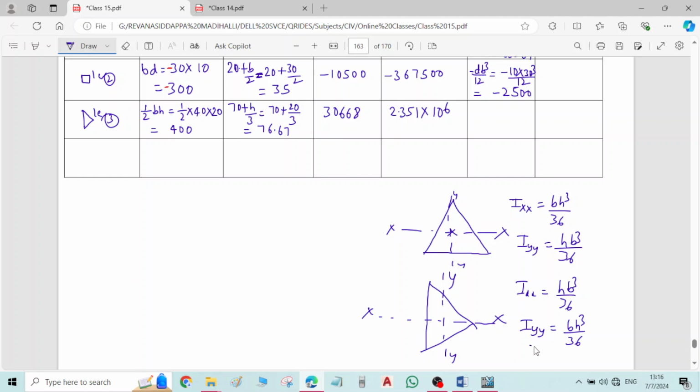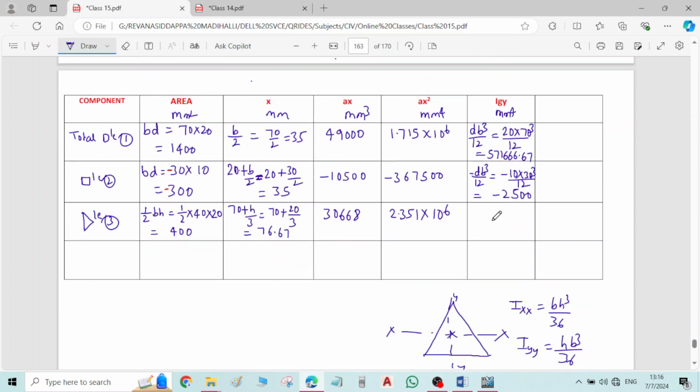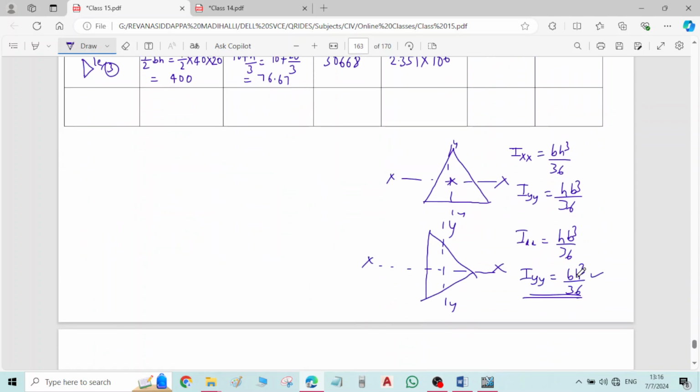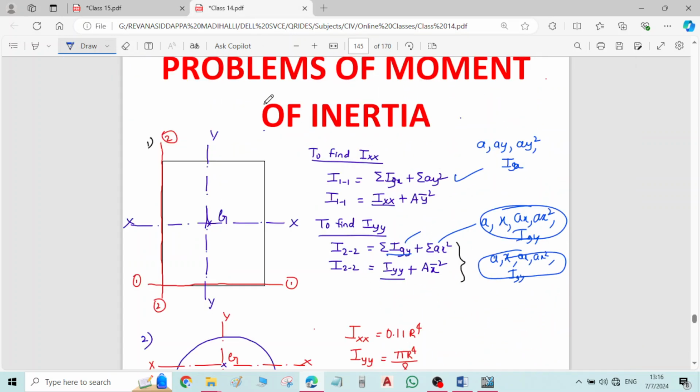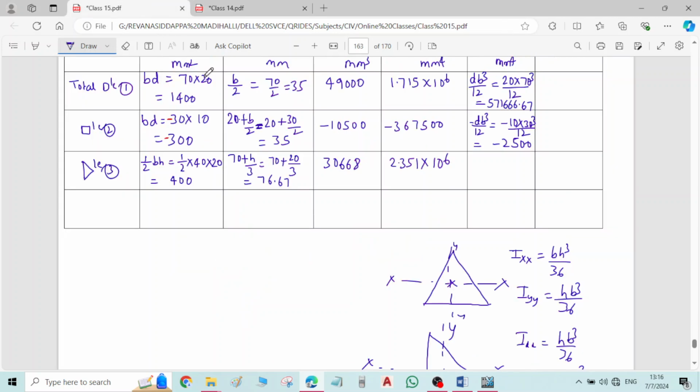It is similar to the semicircle. When the alignment of the semicircle is changed, the formulae are reversed. Similarly, for the triangle the formula will be reversed if the alignment changes.